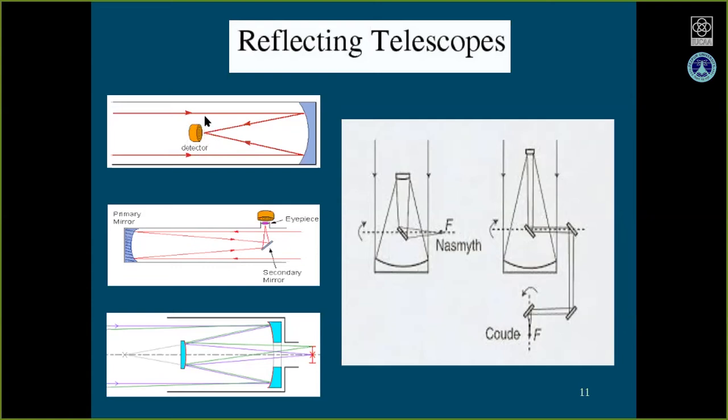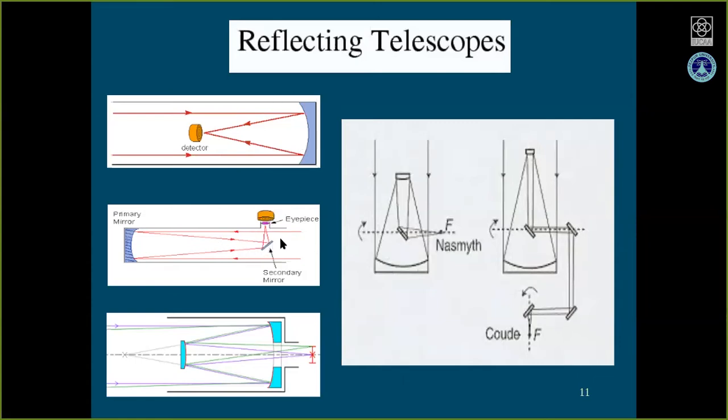And this focal plane, this focal length, you are getting only for the primary mirror. There is only one mirror. So this kind of telescope we call a prime focus telescope, because you are using the focus only of the primary mirror.